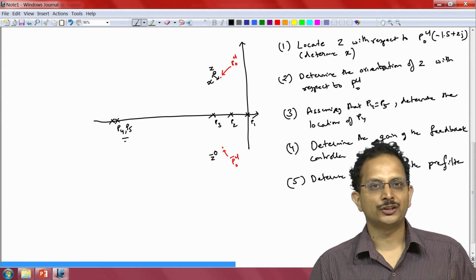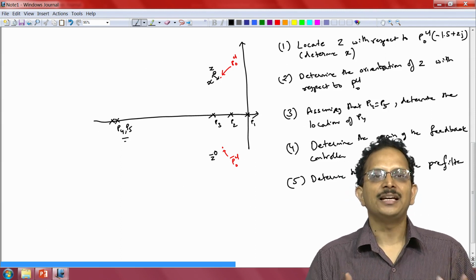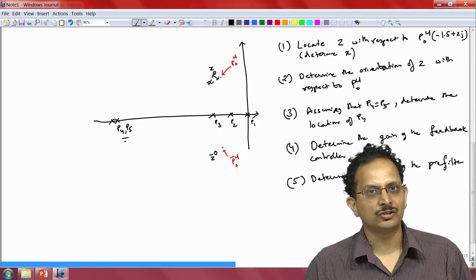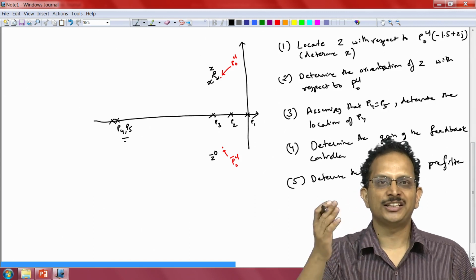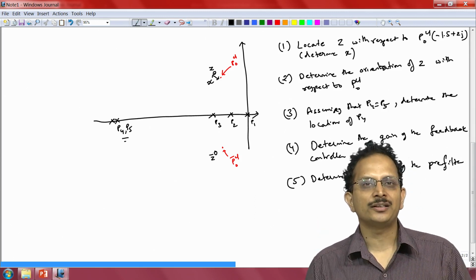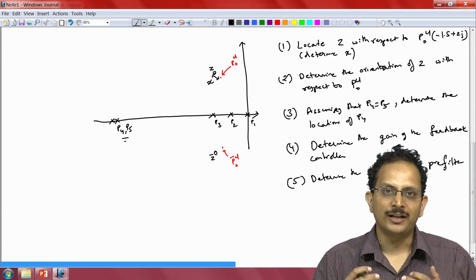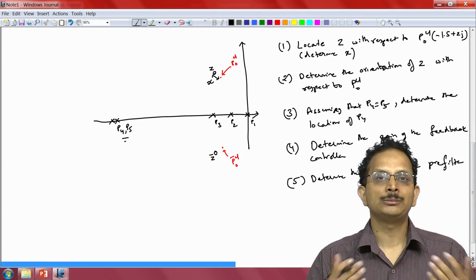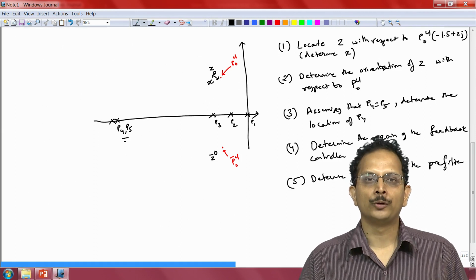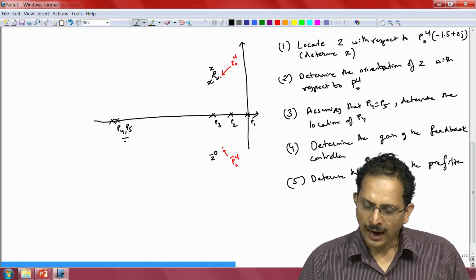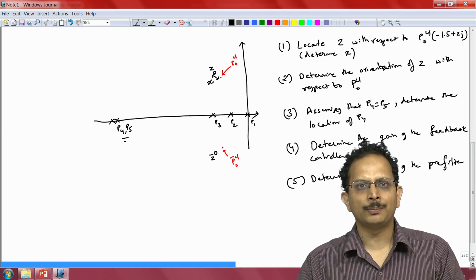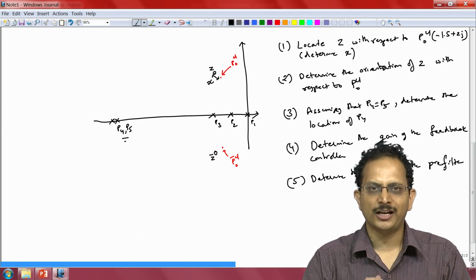And using this picture we could determine the gain at which the root locus crossed the imaginary axis, and we could ensure that this gain was less than the maximum gain that the overall open loop system could assume. And the same steps can in principle again be adopted in this case as well.